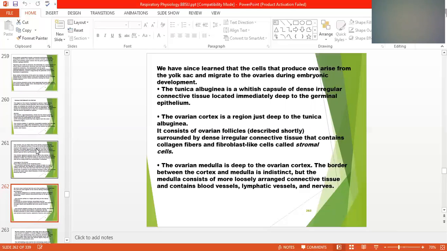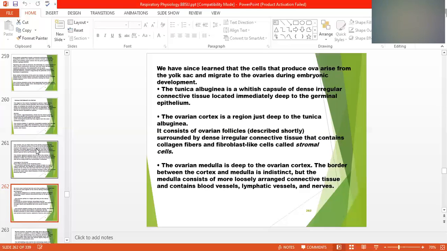The tunica albuginea is a whitish capsule of dense, irregular connective tissue located immediately deep to the germinal epithelium. The ovarian cortex, this upper part, is a region just deep to the tunica albuginea.